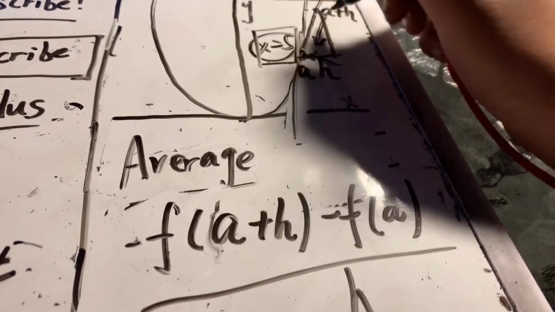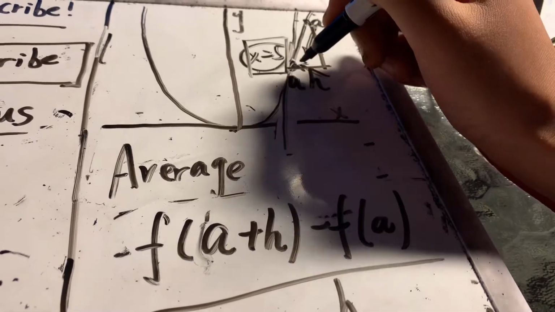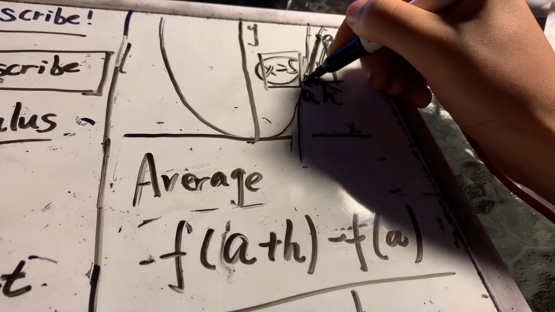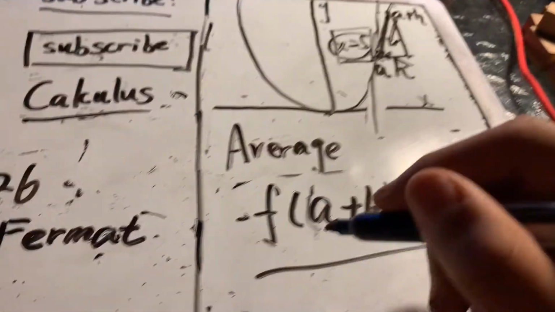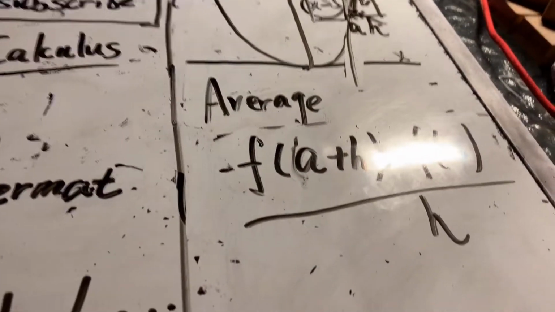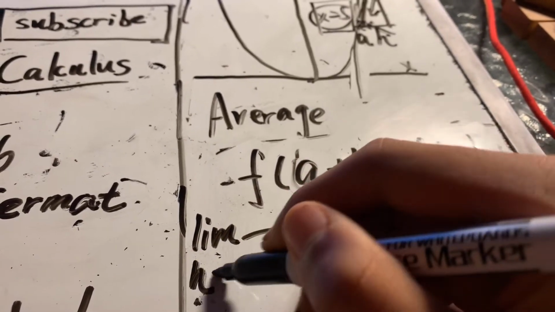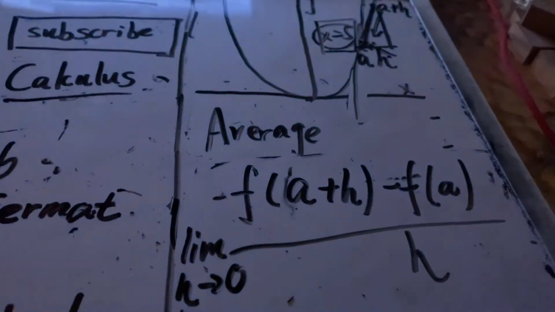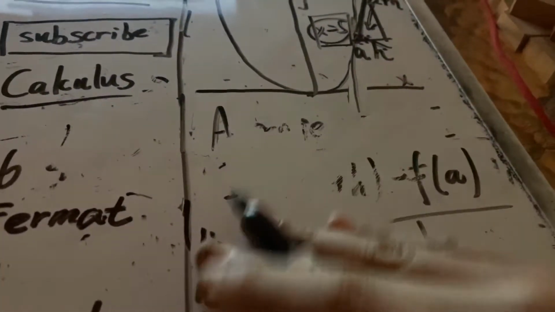So you can think of it as f(a plus h) minus f(a), divided by h. The instantaneous rate of change is similar, but you need one more thing, which is this limit. With it, this is the instantaneous rate of change, and without it, this is the average rate of change.